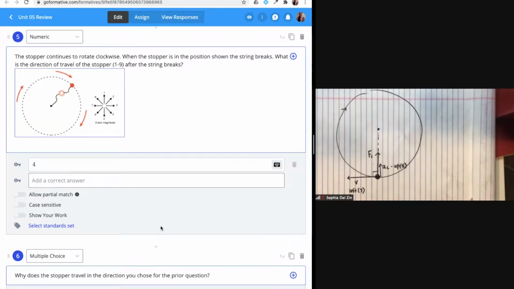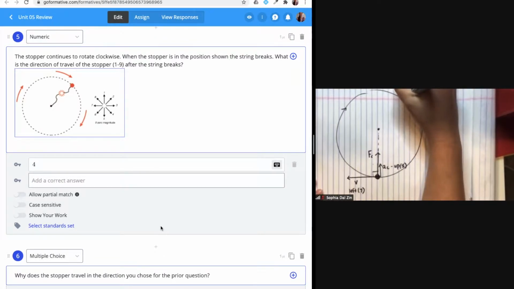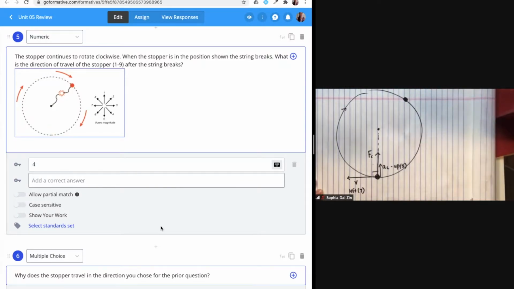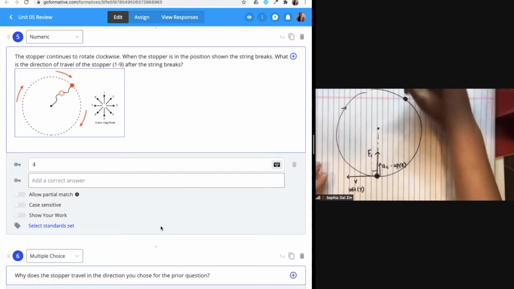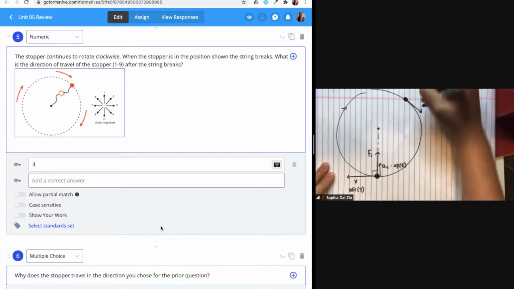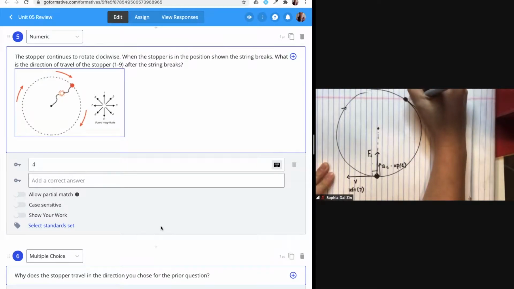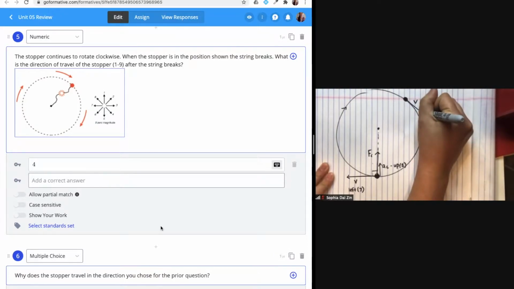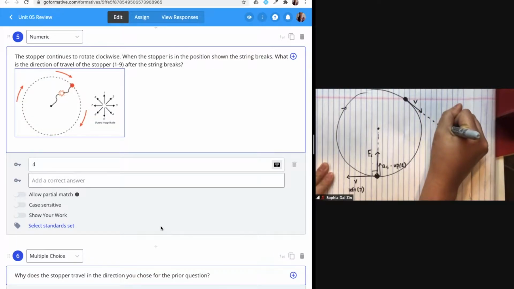Now the stopper continues to rotate and the string breaks when it's at this position in the top right. That means its velocity is the only vector that persists. It continues to move forward with this velocity because of its inertia.